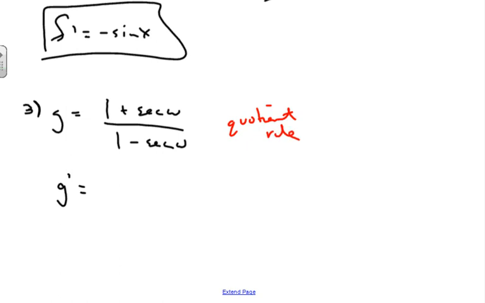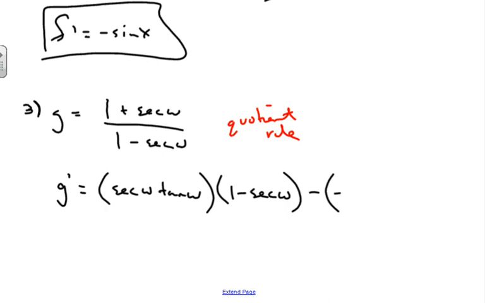So we're going to take the derivative at the top. We're going to take the derivative of 1 plus secant of w, which is going to give us secant w tangent w, times the bottom, or the denominator, 1 minus secant w, minus the derivative of the bottom, which is negative secant w tangent w.